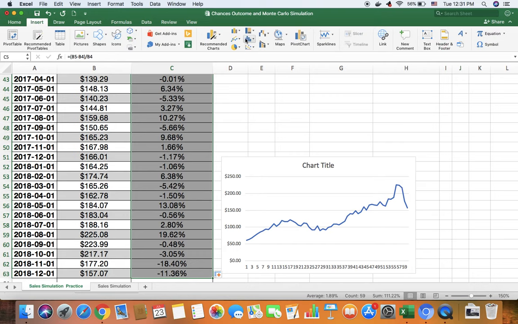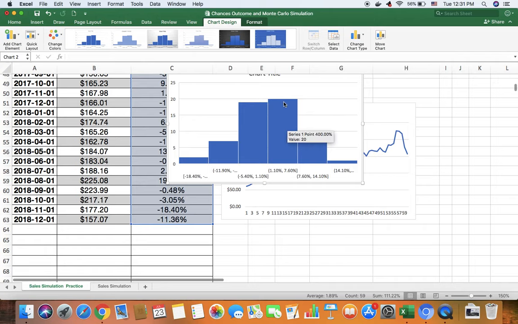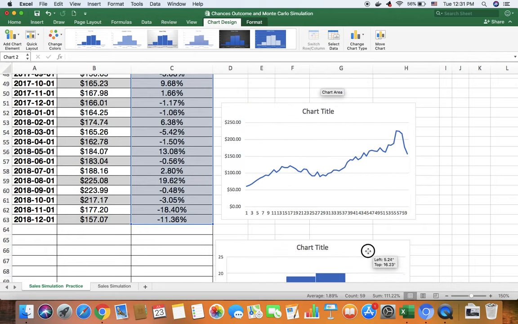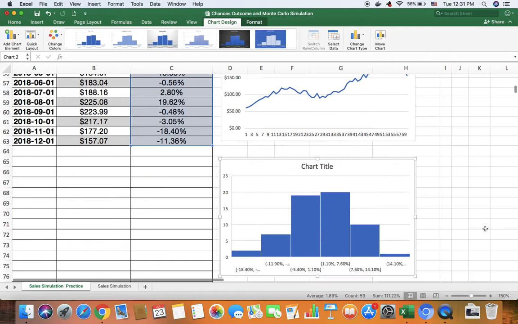Insert a histogram. Look at the histogram. It appears as a bell shape. This gives us the idea that we can use a normal distribution simulation to predict the future growth rate.